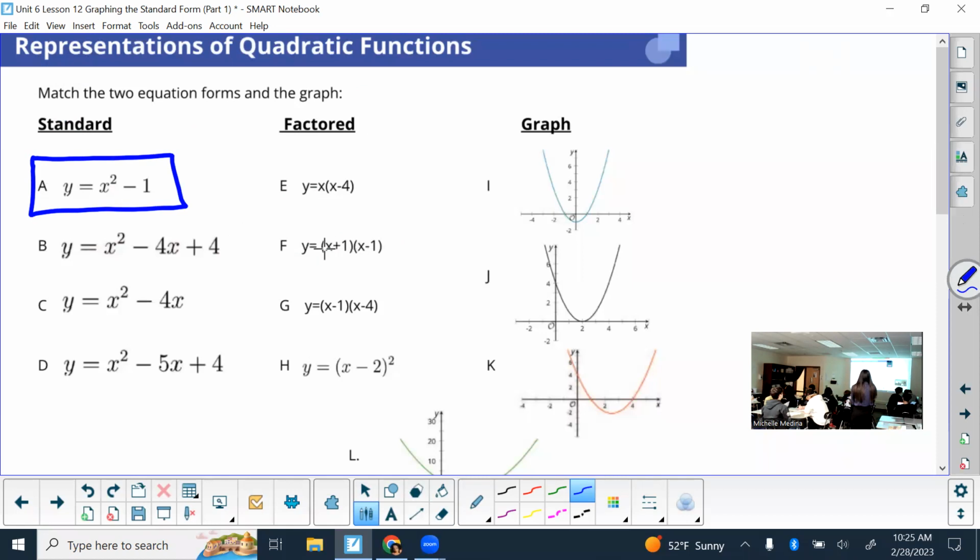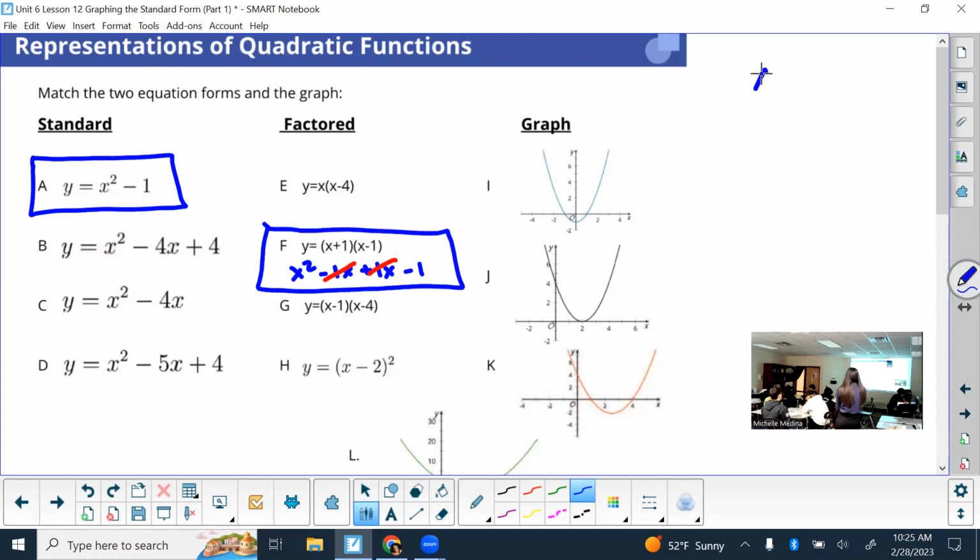So first, x times x, x squared, outer, you get -1x, inner, +1x, and then last, 1 times -1. These two middle terms do cancel out, because -1x plus 1x is 0, so yeah, it does match what I get for the standard form, so that is true. I'm using colors, I'll kind of make a list over here, which is what you should have for your notes for the answers.